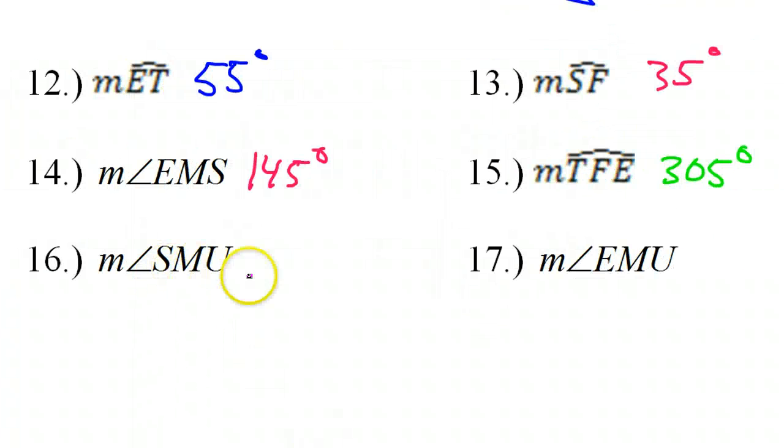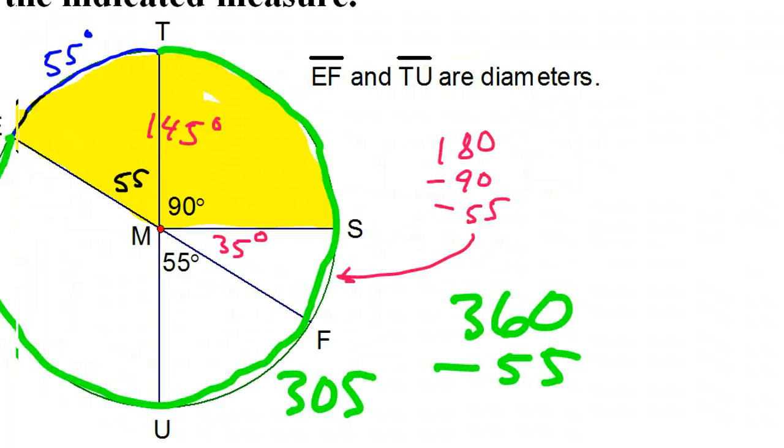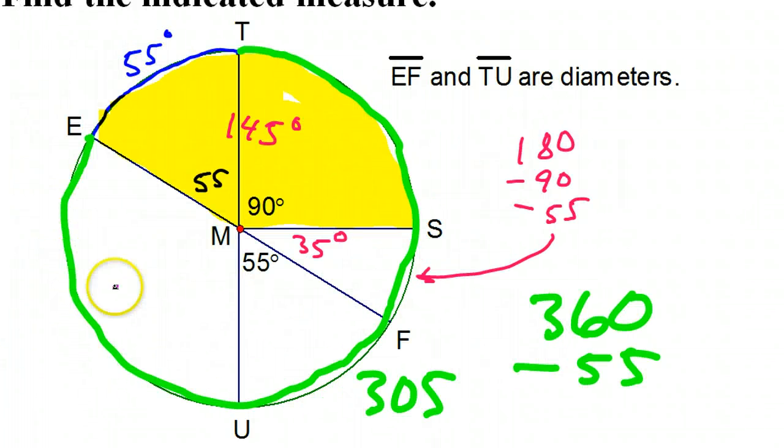Okay, angle SMU. Angle SMU is this angle over here from S to M to U. Okay, so if we consider this portion of the circle, that's the part that we're talking about.